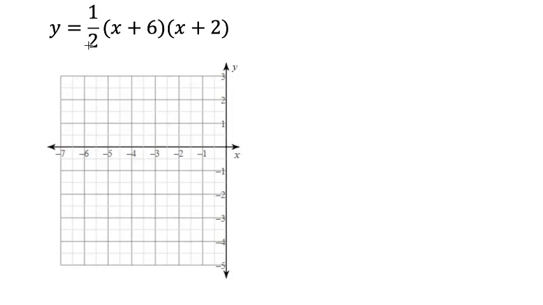One more, this has a value of 1/2. So this parabola will be a little bit flatter or wider. First, let's focus on those x-intercepts. So we can use the x plus 6 to figure out that one of the x-intercepts is at -6.